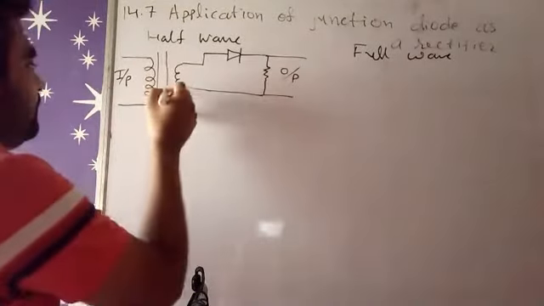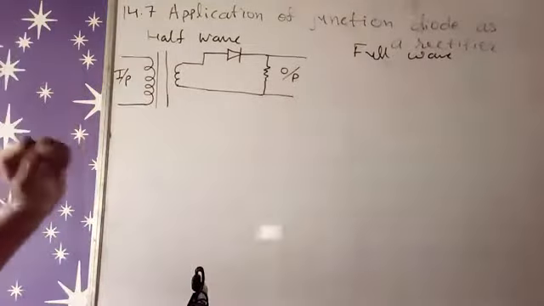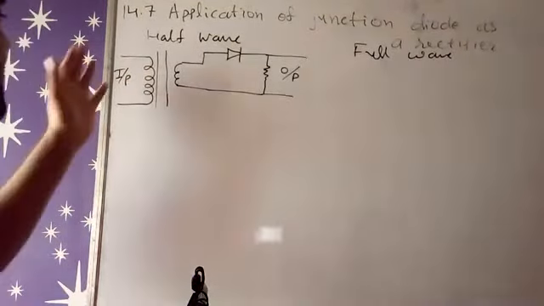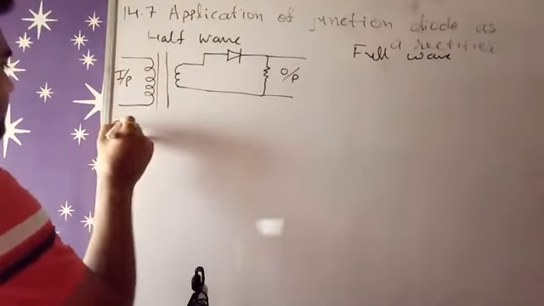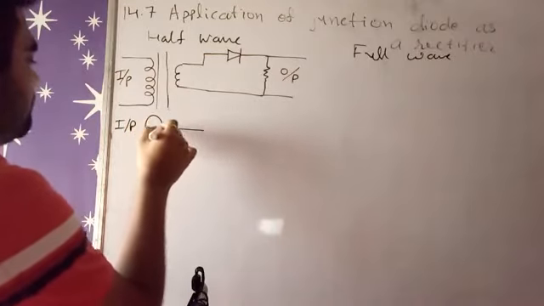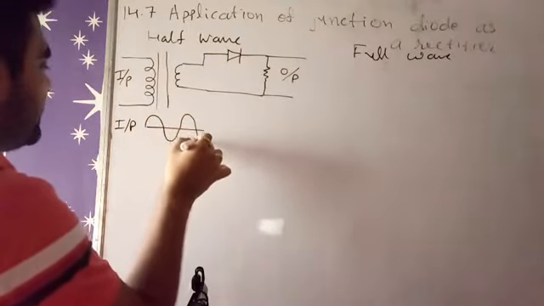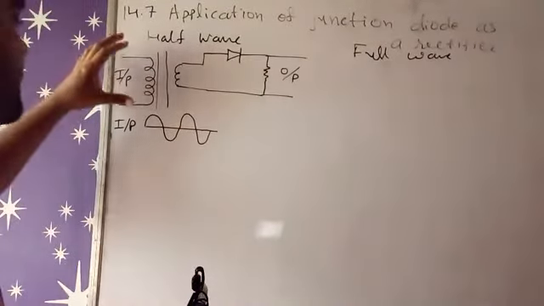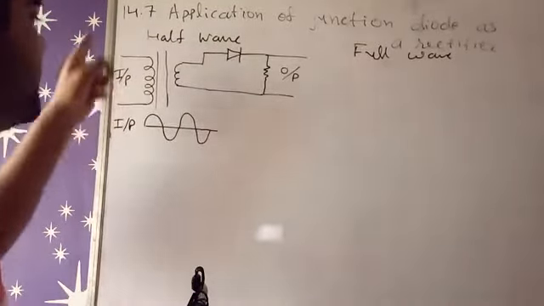Because of this transformer, in the half wave rectifier, as input we are giving a wave pattern, positive and negative, right? This wave is given as input to the primary coil.